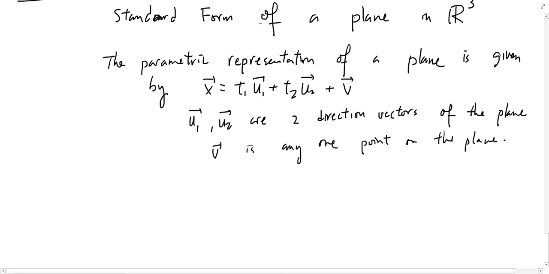Now, we talked about how this expression comes about with basically two intersecting lines. The first line you can think of as t1 vector u1 plus v, and the second line is t2 vector u2 plus v. If you have two intersecting lines, then you would be able to define a plane. But I also want you to understand how this expression works.